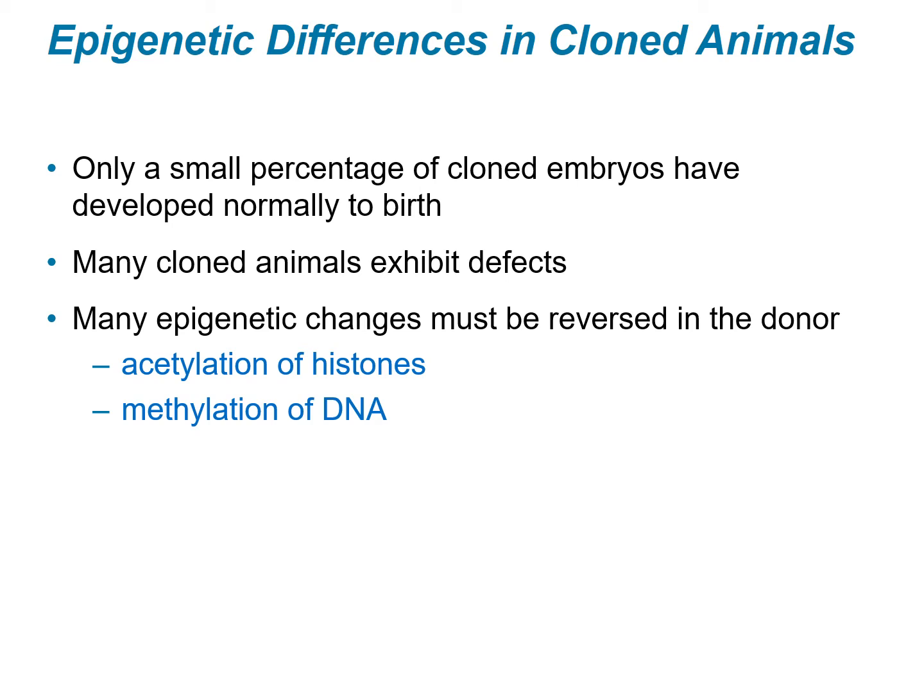Basically these are changes at the chromosomal level that occur during development. If they've already been acetylated, then those are genes that are silenced, and these could be genes that would be needed for full proper development of the organism. Same thing with methylation. Methylation can silence genes as well.